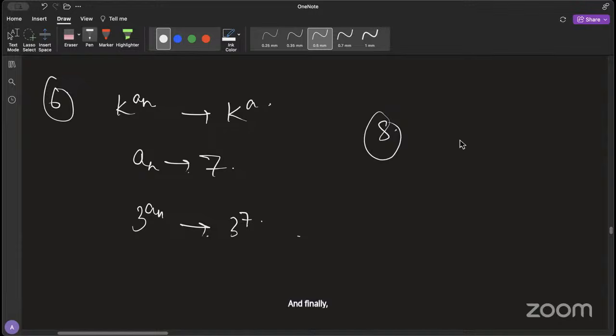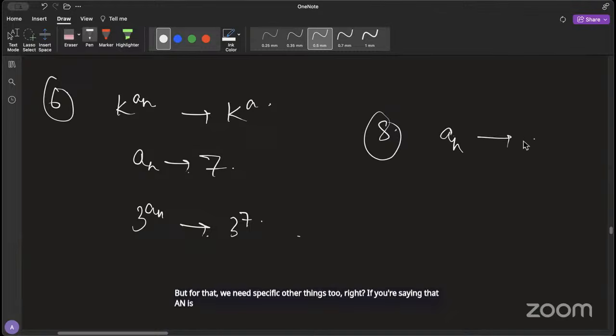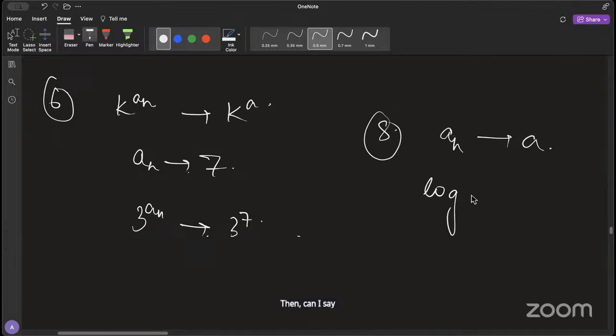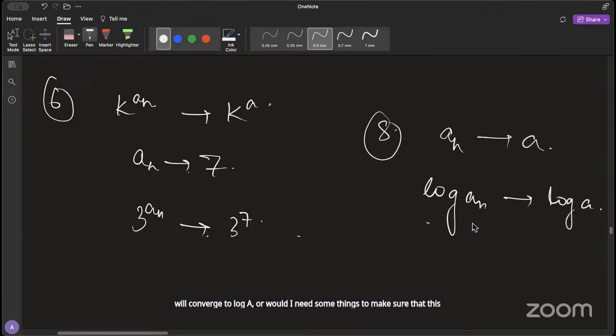And finally, we have log. If you're saying that An is converging to A, then can I say that log An will converge to log A, or would I need some things to make sure that this thing is valid, right?